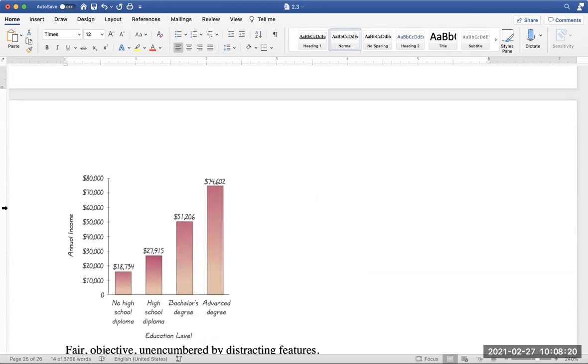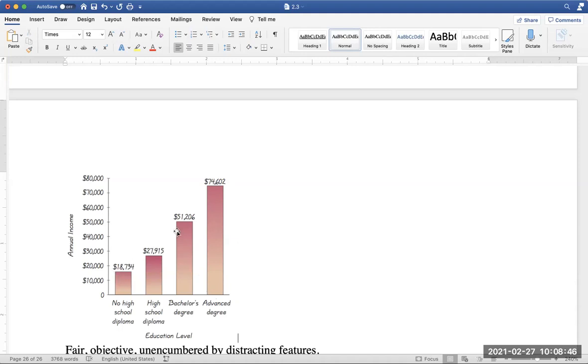So this is the much better way of doing it. If you look here, you can actually figure out what's going on. We have the origin correctly done. All these are done equally spaced. So no high school, bachelor's, and advanced degree.